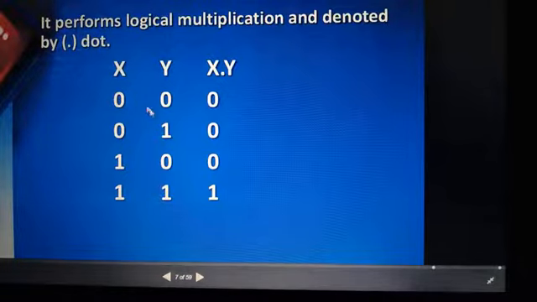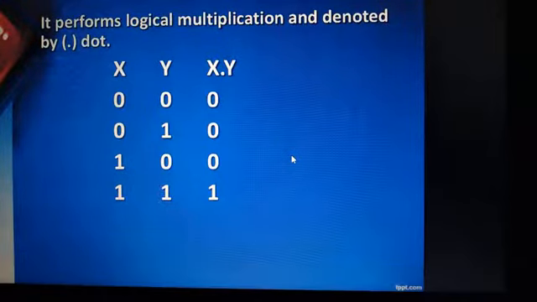When we multiply, 0 and 0 product is 0, 0 and 1 product is 0, 1 and 0 product is 0, 1 and 1 product is 1. In computer terms, the dot represents the AND operator. Hope the AND operator is clear.